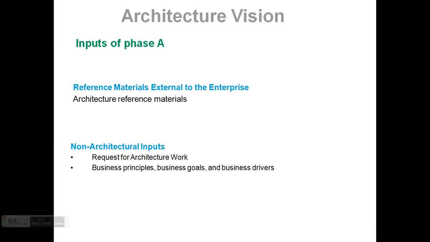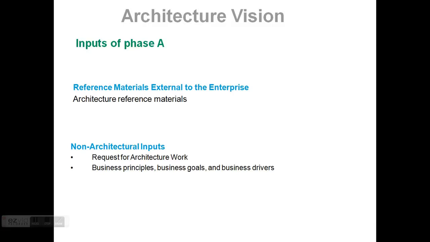Inputs of this phase are described as several things in different categories. The first category of inputs is the reference materials external to the enterprise. If you remember, we had an enterprise bucket with all these pre-developed enterprise materials or reference materials.